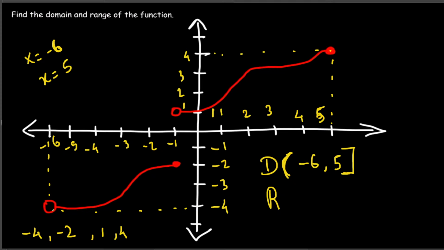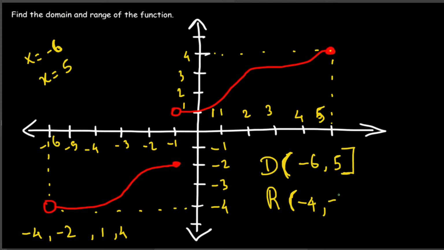So first, -4. -4 is an open circle. So it means at -4, even though it has -4, it doesn't exist. We have to put this parenthesis because -4 is not included. And it is ending at -2.